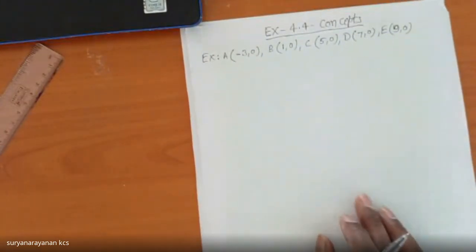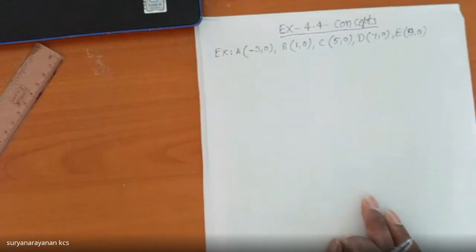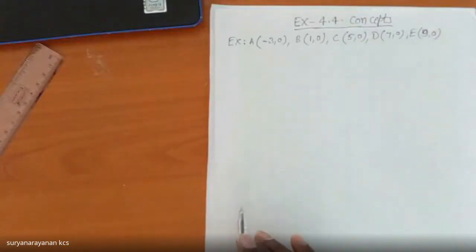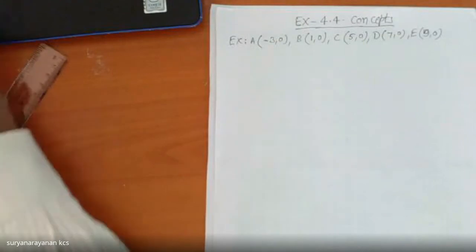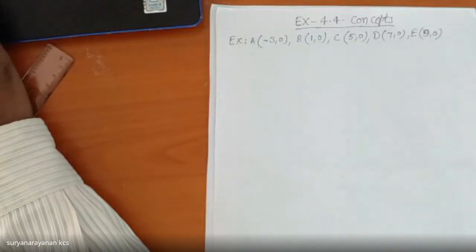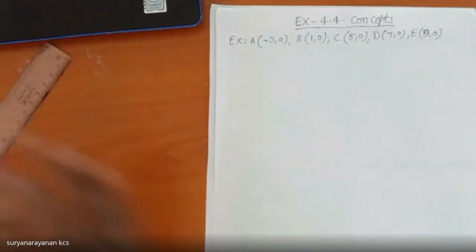How many points I have given here? Five points, namely A, B, C, D, and E.